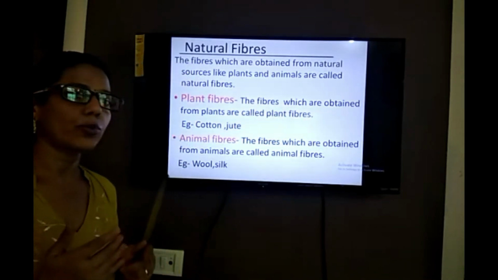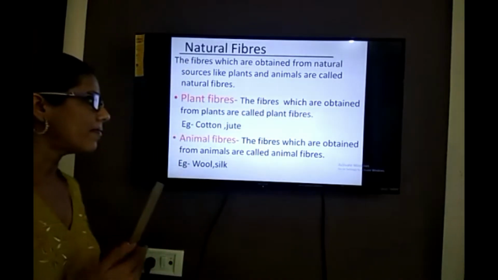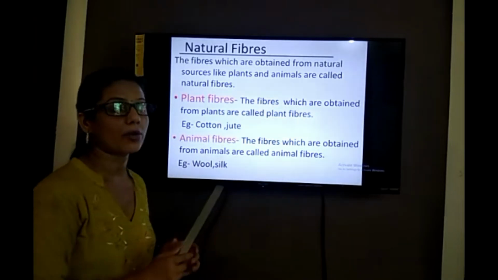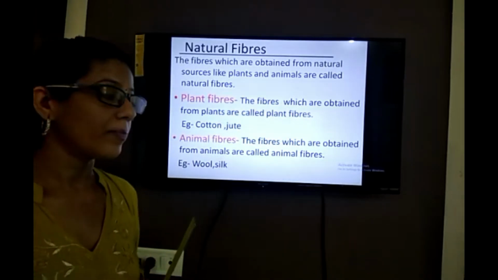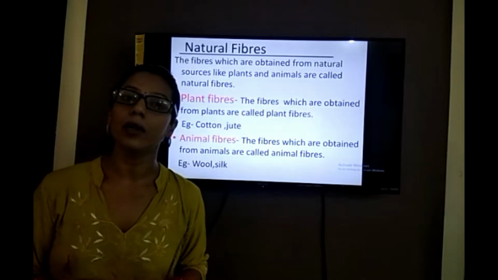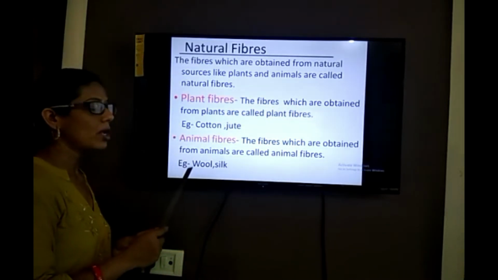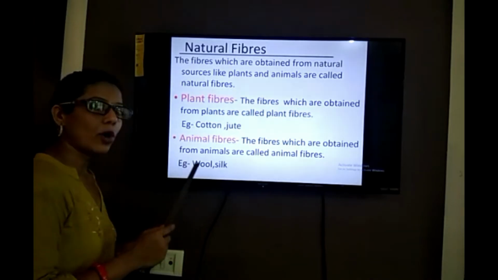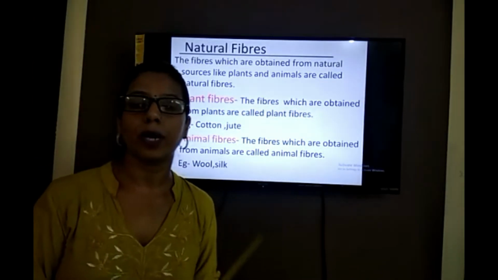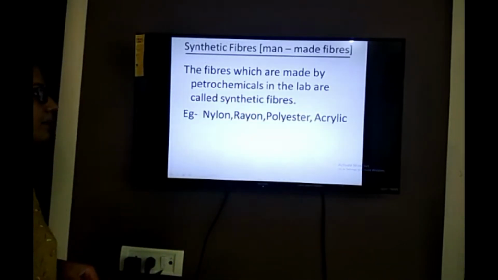That's why animal fibers are included in natural fibers. Some examples of animal fibers are wool and silk. Wool is obtained from different wool yielding animals, and silk is obtained from the silkworm. Now we move to the next slide.